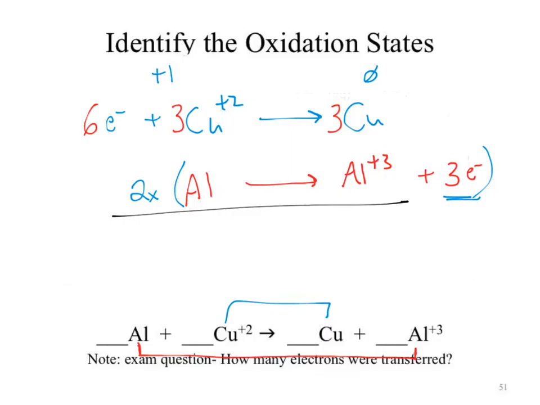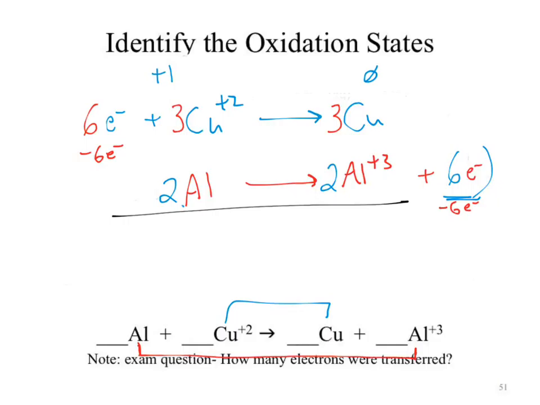Okay? So our aluminum becomes 2 aluminum goes to 2 aluminum plus 3, and the very end becomes 6 electrons. What happens when I then add those equations to each other? I have something that is similar on both sides, so I will subtract them from both sides to simplify.